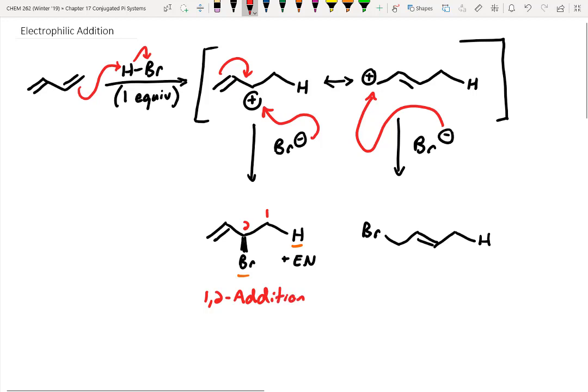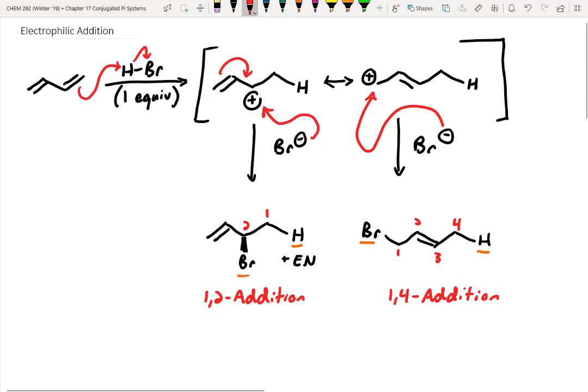If we look at the other one, we added in 2 different groups, but this time they're further away from one another. We go 1, 2, 3, 4. So this would be called 1,4 addition. It's unique to conjugated systems. A normal alkene can only ever do 1,2 addition because there's no resonance stabilized intermediate. 1,4 addition, however, can occur with conjugated molecules.